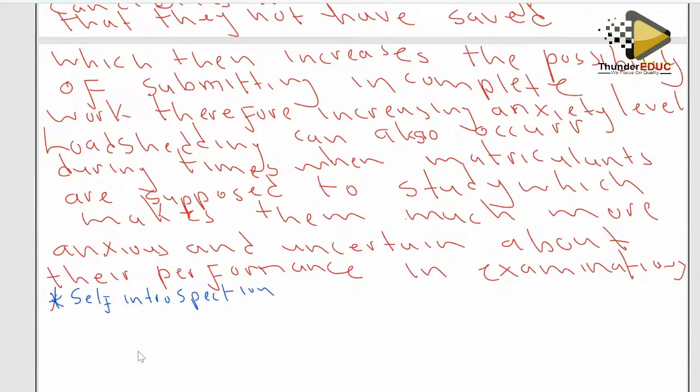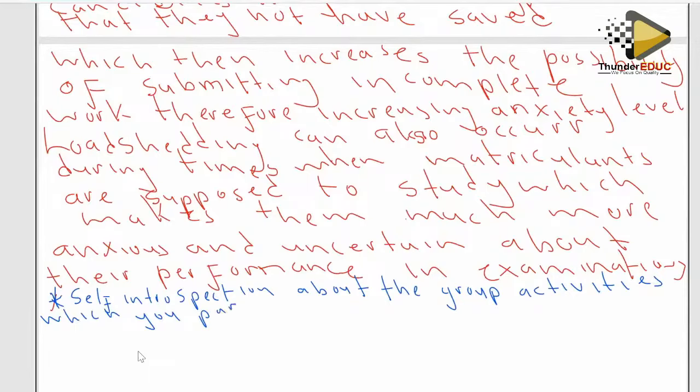Self-introspection about the group activities. It starts with self-introspection about the group activities which you participate in while excluding others. So look at the group activities you participate in whilst excluding others.